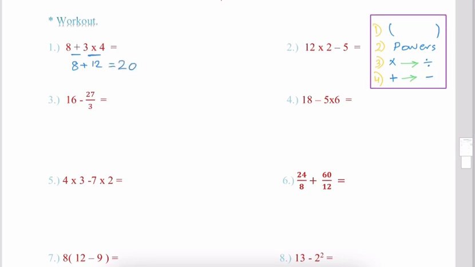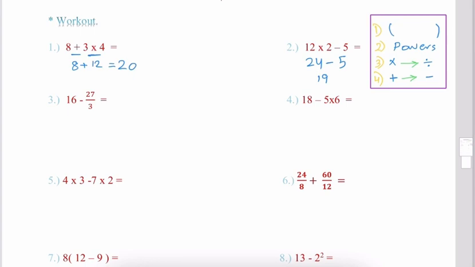Question 2. I would do the same. I will start by 12 times 2, which is 24, minus 5. 24 minus 5 is 19. Question 3. I have 16 minus 27 over 3. 27 over 3 means division.